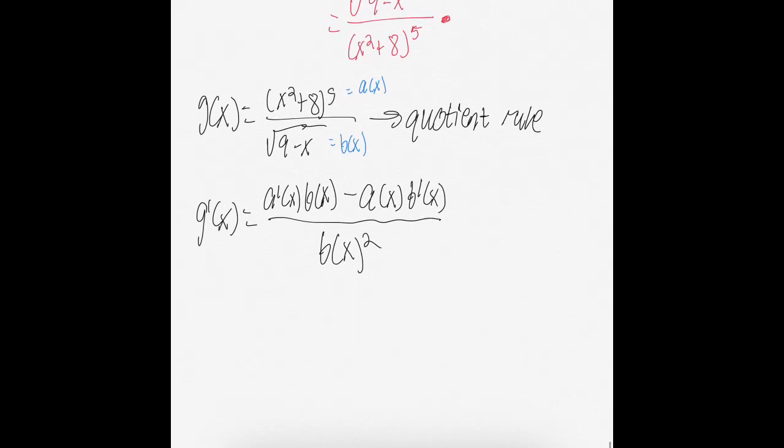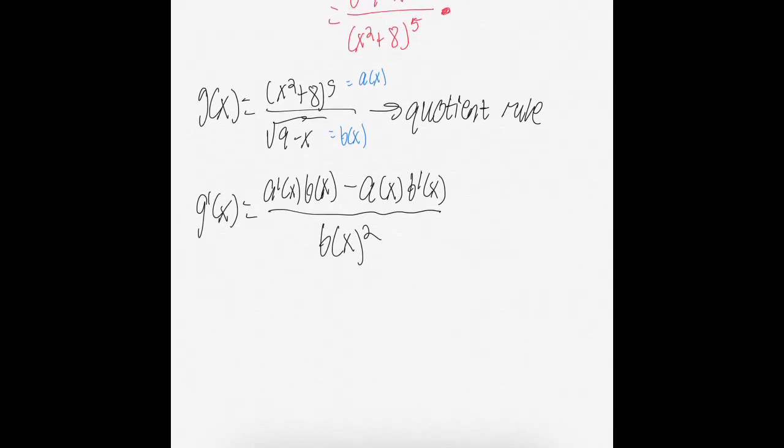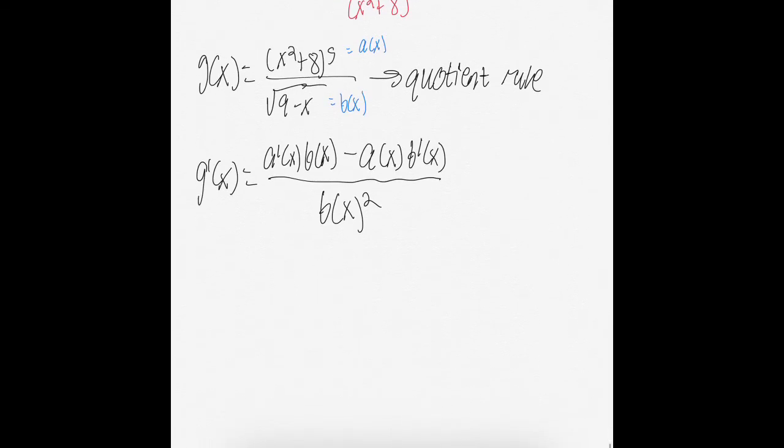And that part actually isn't going to be so bad because we've got a radical down there already. So that radical will just cancel. But finding a prime of x and b prime of x, that isn't going to be an easy task either.